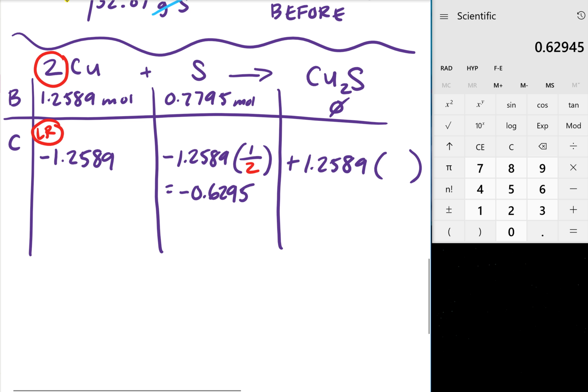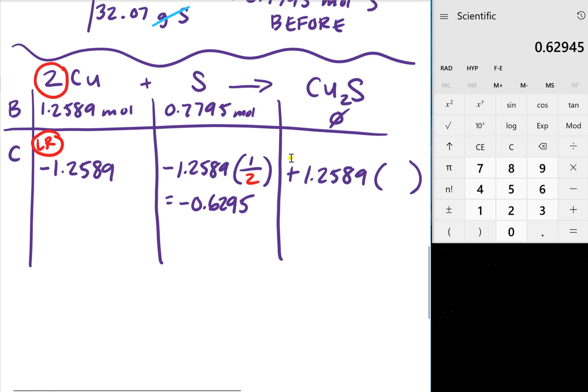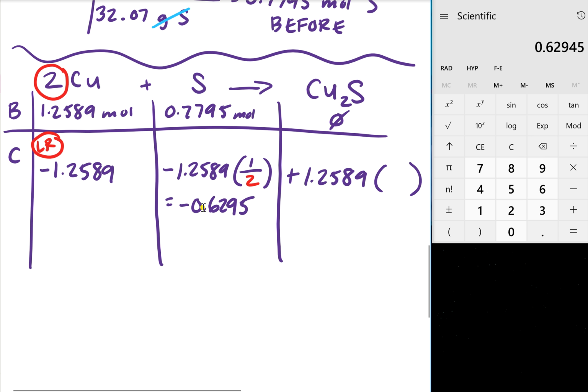At the beginning, we have 0.7795 moles of sulfur. And the reaction says that we will use 0.6295. So yes, we have enough. So we will proceed using copper as our limiting reactant.